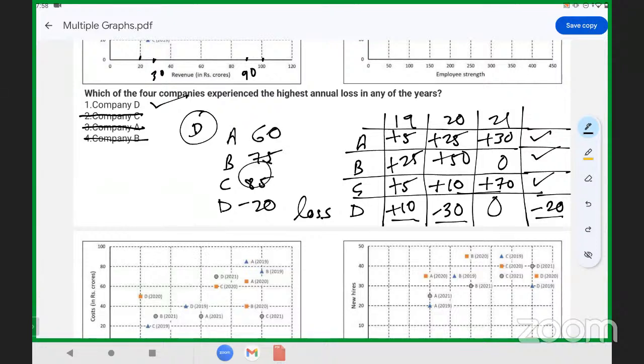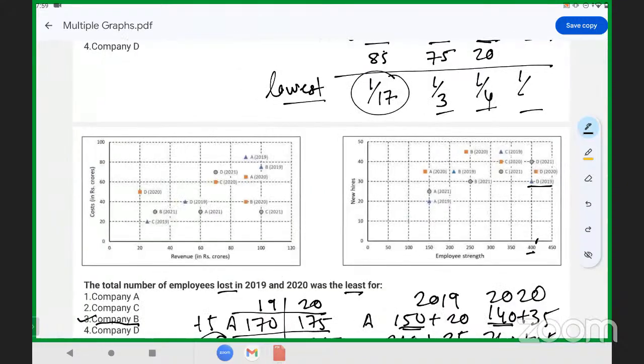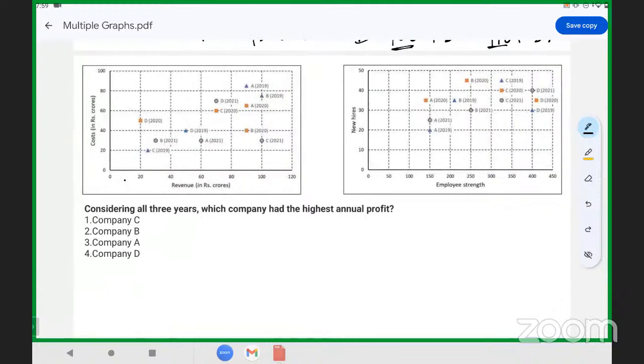So the answer should be C. Okay. So highest profit is C, that is plus 80 crores in profit.